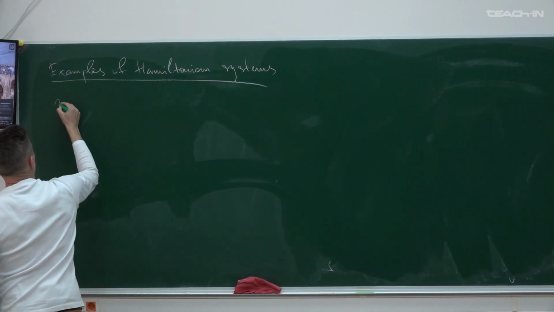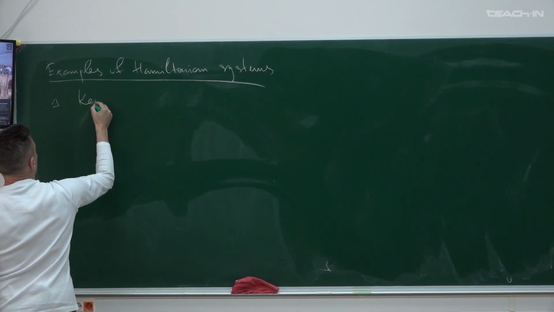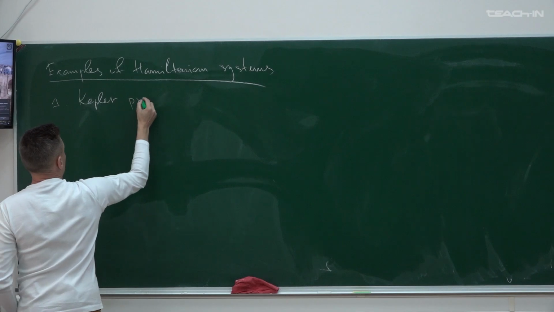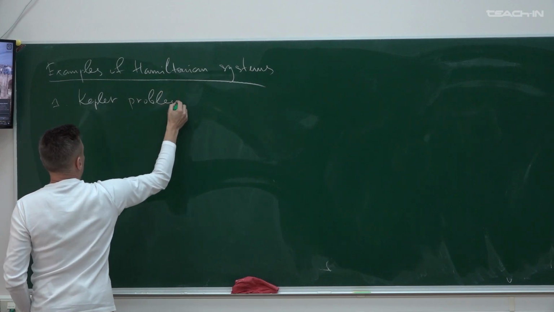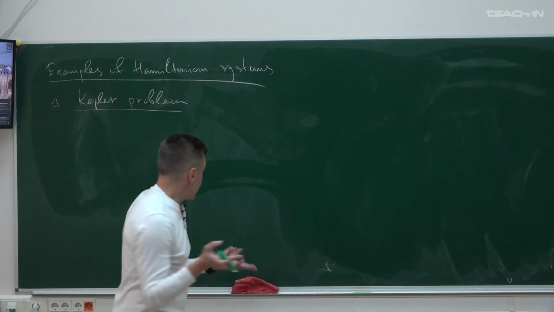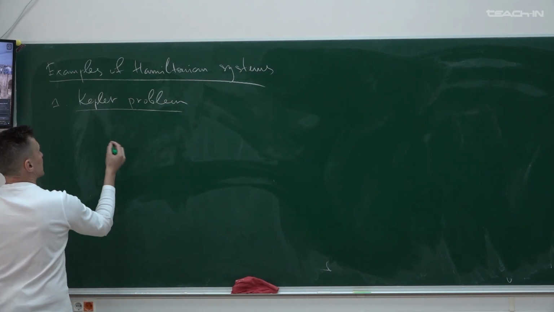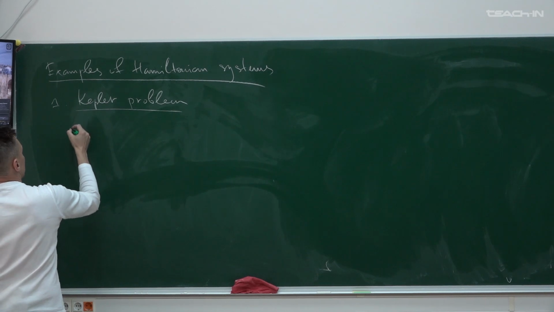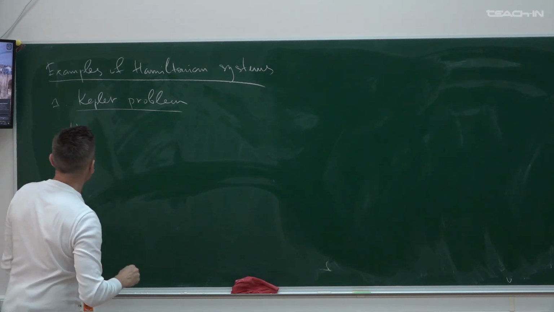The first very important example is the Kepler problem. And we will work in the Hamiltonian formalism at the beginning.